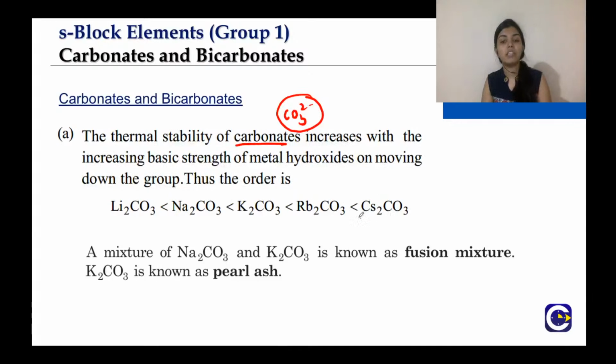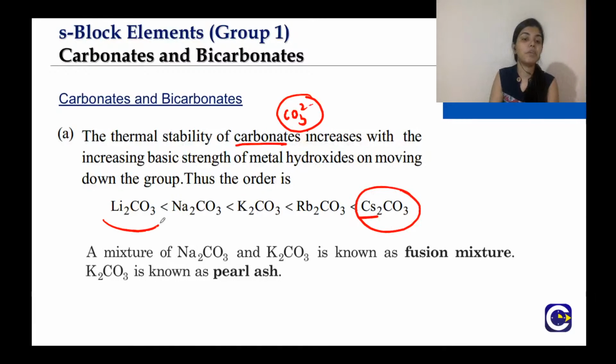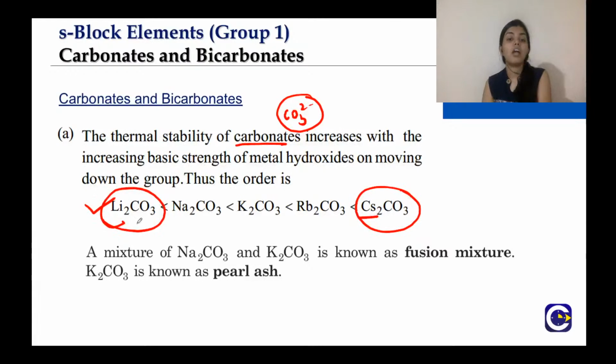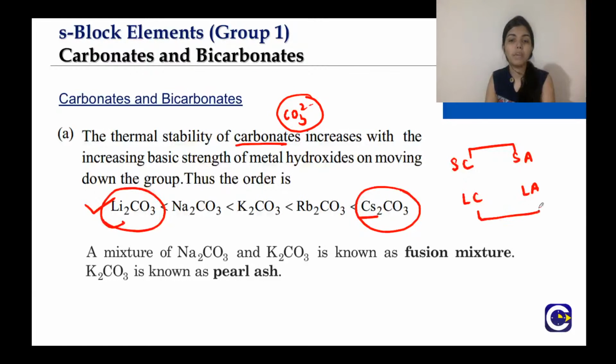We know that cesium has a greater size than all other metals. So cesium carbonate will be more stable and lithium carbonate will be the least stable because it has a smaller cation, right? So you can remember that smaller cation, smaller anion will mean a stable compound, and also larger cation, larger anion will also mean a stable compound.